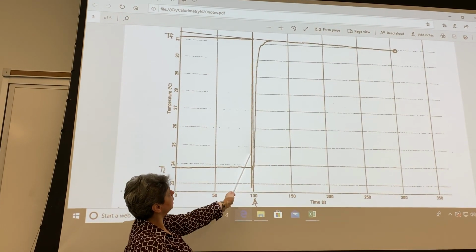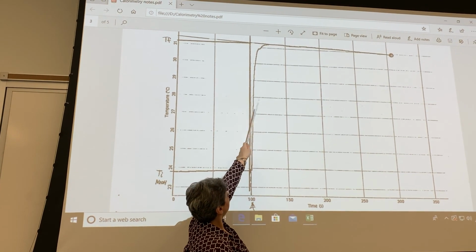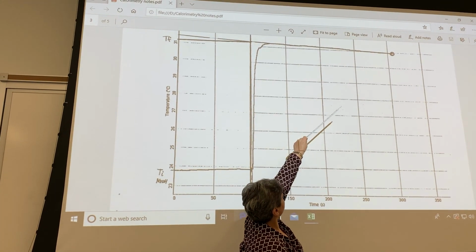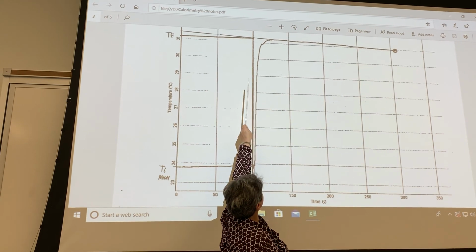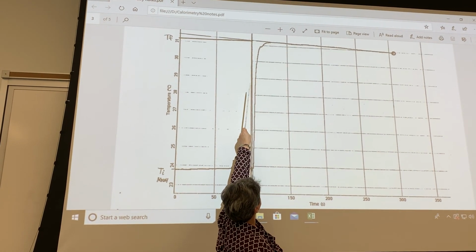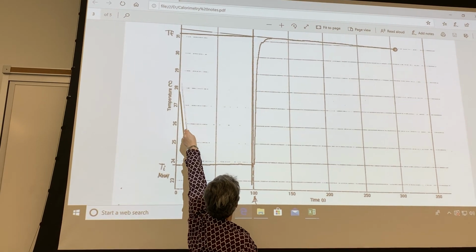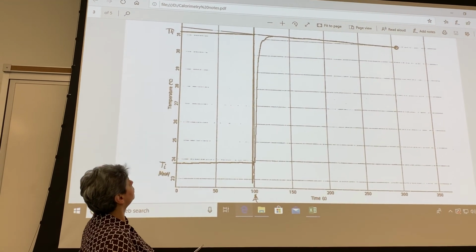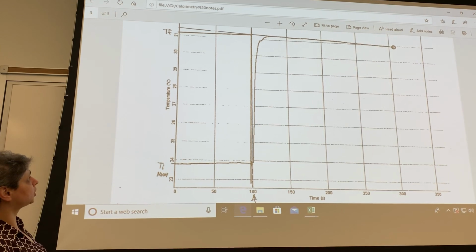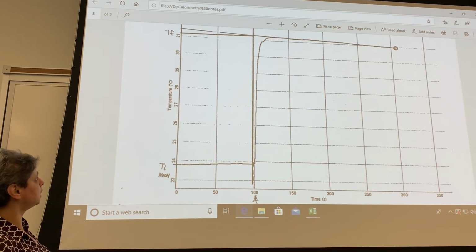So this is called mixing timeline, going vertically, and then the tangent line for the final portion of the curve is drawn until it crosses with mixing timeline, and then you're supposed to go straight over to y-axis to find your final temperature. So in my case, final temperature is roughly 31.1 degrees.